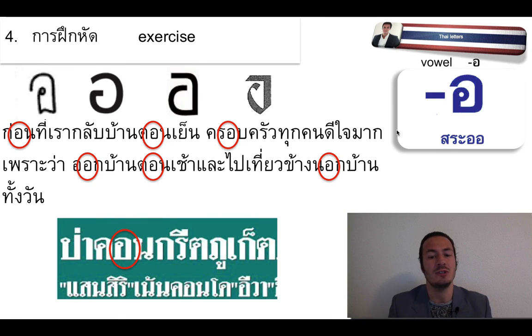So this syllable would read as e, because we have the ang consonant and the sara-i on top of it. Okay, but that, of course, you already know. Now, there is another one. Okay, I forgot. Also a vowel in the second line.